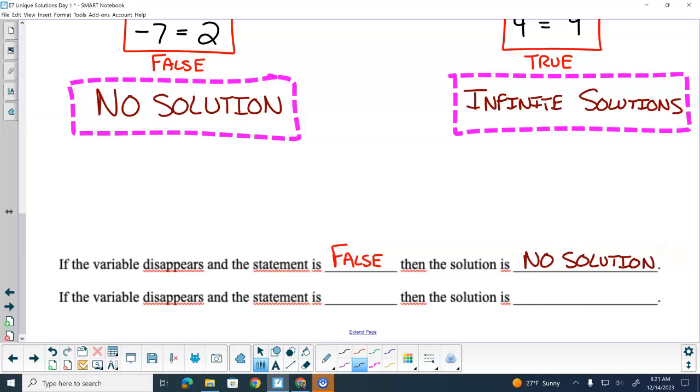If the variable disappears and the statement is true, then your solution is all of them.